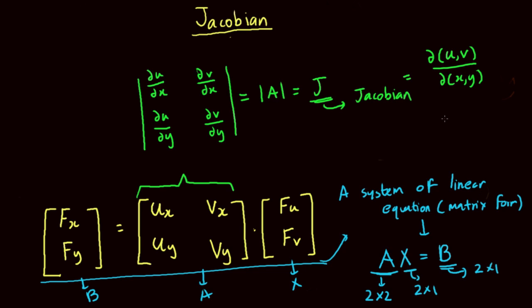Now, what is the point of the Jacobian? Let's say you're given a multivariable function in terms of x, y, and z. Let's just pretend we draw a simple curve, and let me use a different color. Let's say for example we draw a paraboloid, a simple paraboloid, right here. In this paraboloid, let's say I want to find the rate of change of u and v, which we consider as our output.